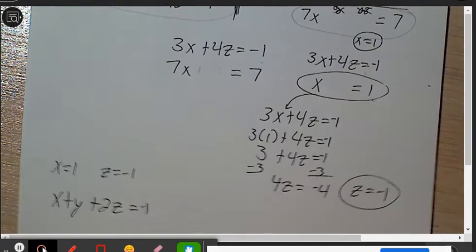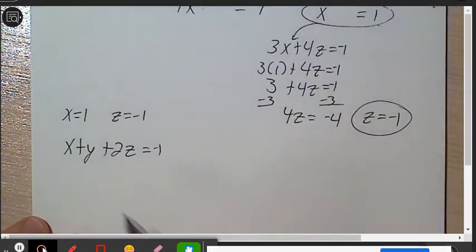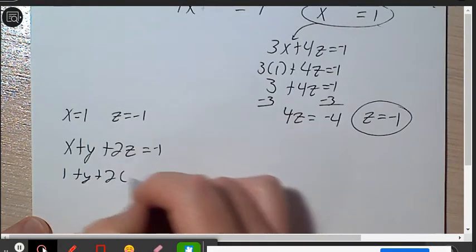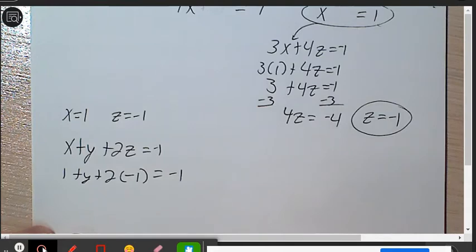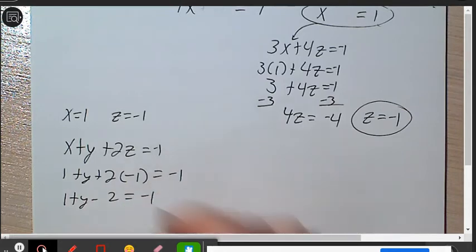that equation. Now again, which one you pick to plug it into doesn't matter. I'm just going with the one that looks like it would be the easiest. So that's 1 plus y plus 2 times negative 1 equals negative 1. So that's 1 plus y minus 2 equals negative 1.